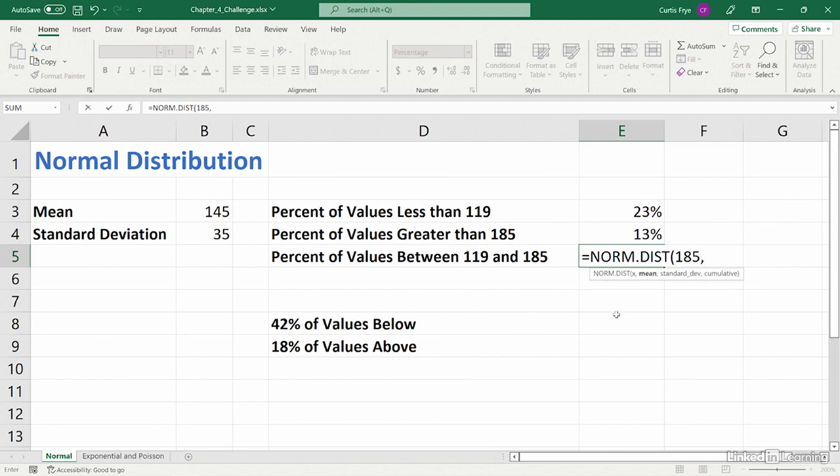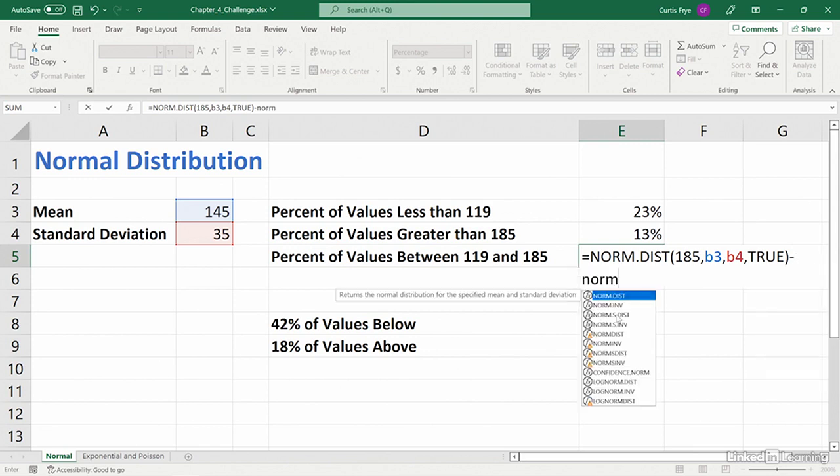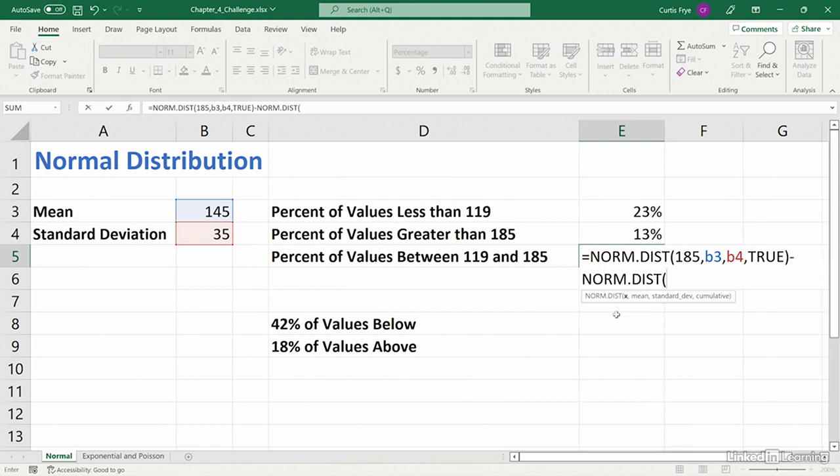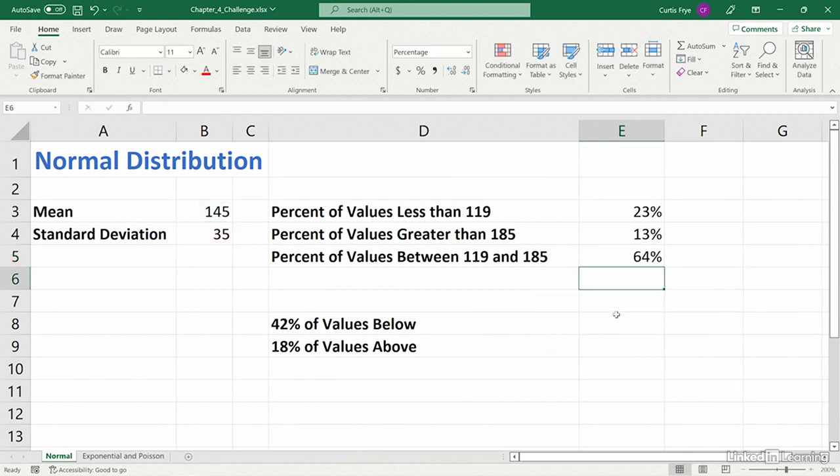So that's 185, B3 for the mean, B4 for the standard deviation, comma, and then true, right parentheses, and then minus the same calculation for 119. So 119, B3, B4, true, right parentheses, and enter, and we get 64%.